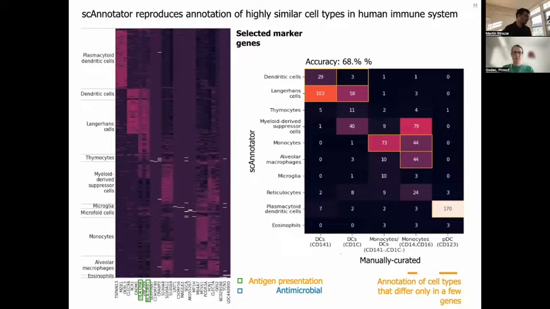And then the more classical cells of the innate immune system, like myeloid-derived cells, monocytes, and macrophages, where we can note the expression of genes that have more general antimicrobial action. And again, quantitatively, we achieve a decent correspondence with manually curated cell types with our automatic annotator method.